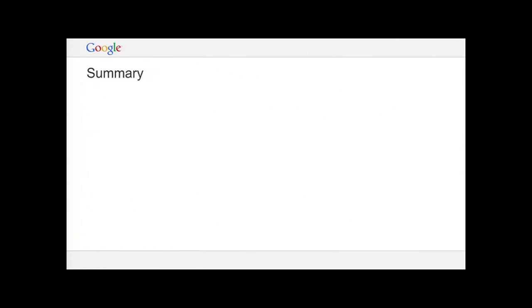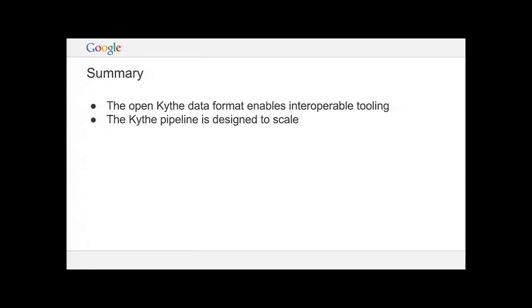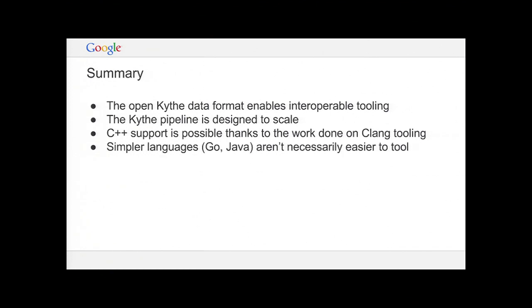All right, so in summary, the open Kythe data format enables interoperable tooling. The pipeline is designed to scale to 100 million line repositories. C++ support is possible thanks to the work done on Clang tooling.